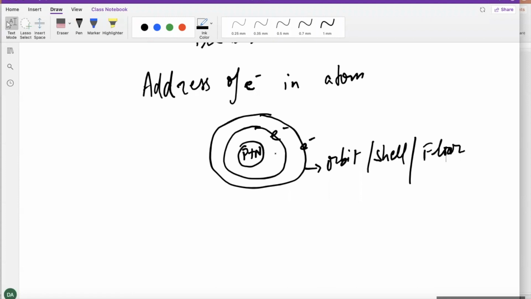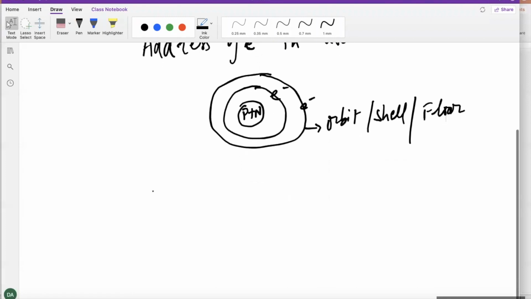So we're going to be discussing, guys, how we have divided the address of the electron in an atom, by giving some different information in the electron configuration. We have different types of rooms on each floor.